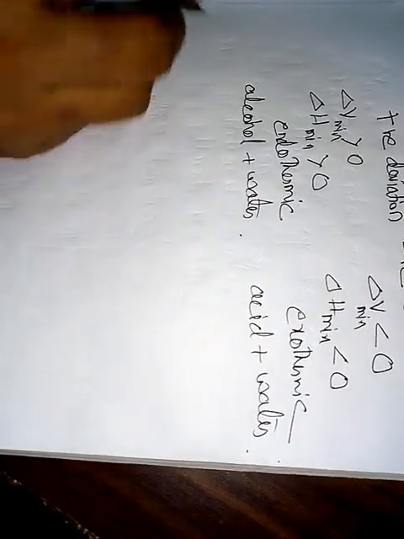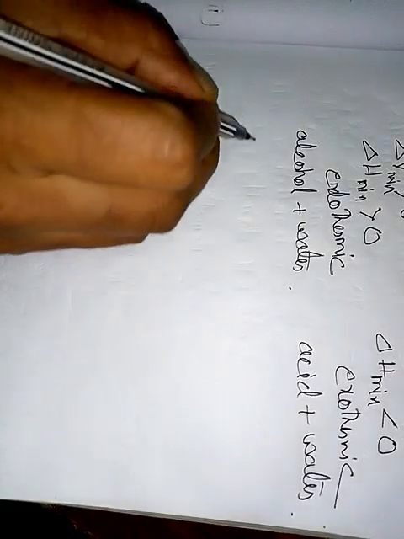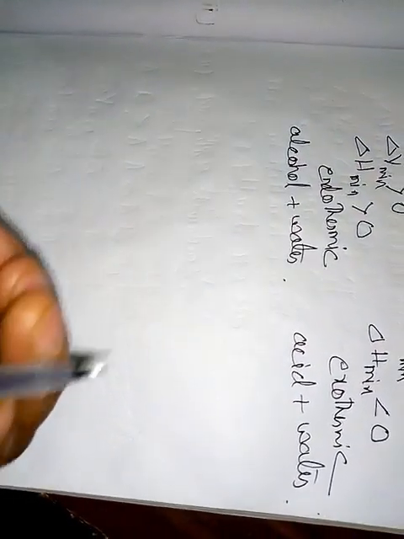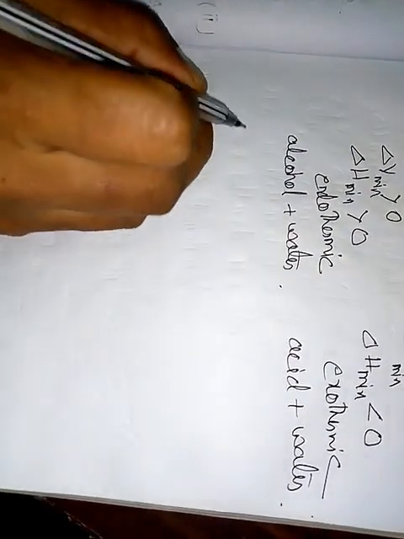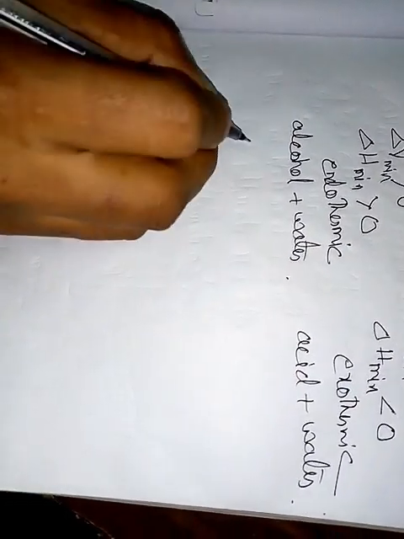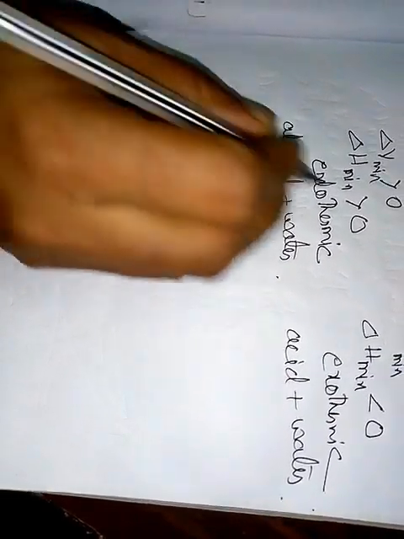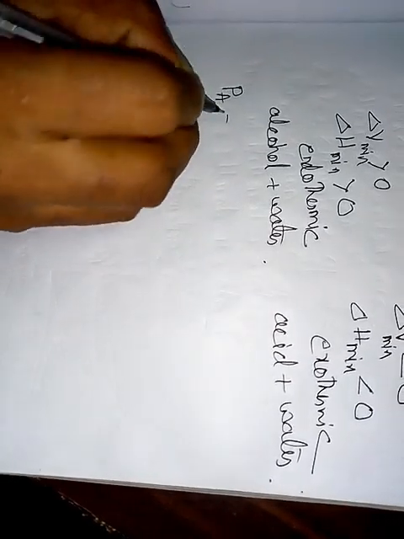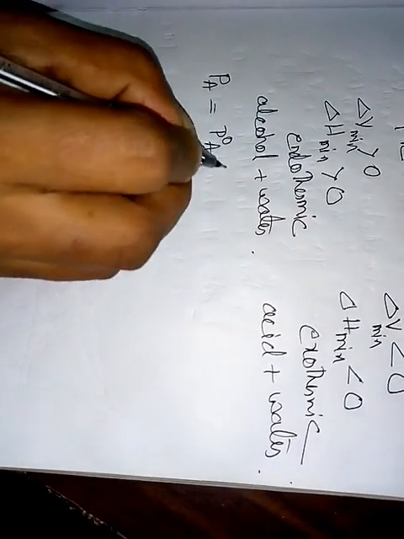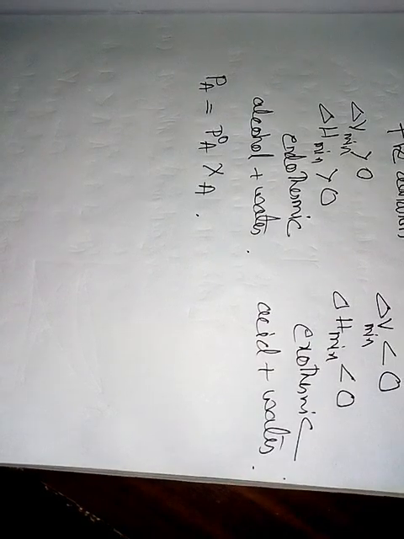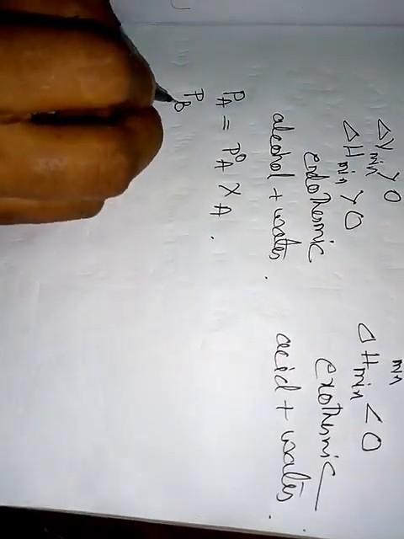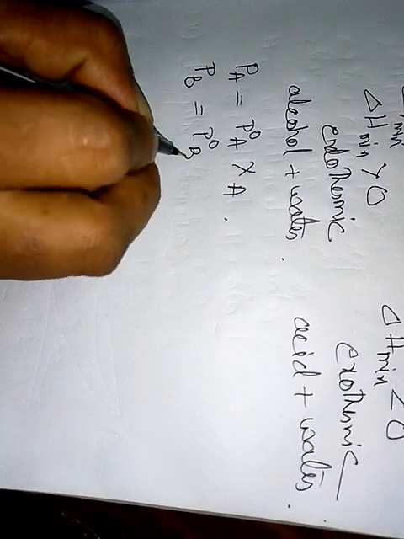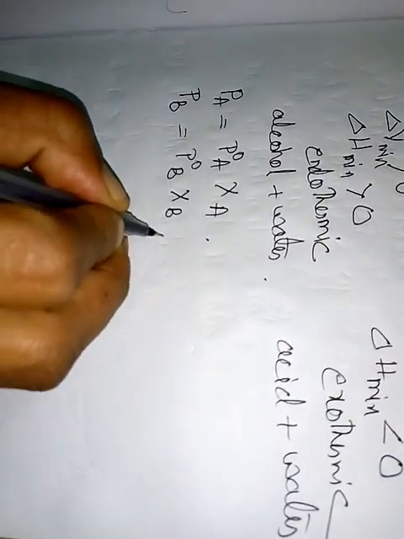Now the relationship, or the connection between Henry's law and Raoult's law. According to Raoult's law, for any volatile component, we have considered liquid solutions. So for any volatile component, it is Pa is equal to P naught A into XA. If you consider B, it is Pb is equal to P naught B into XB.